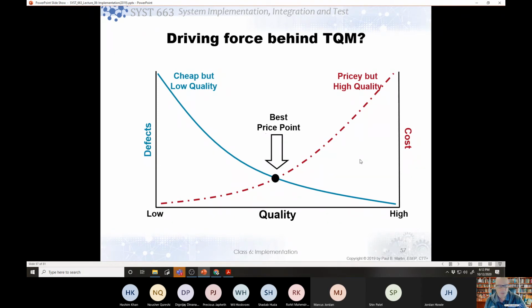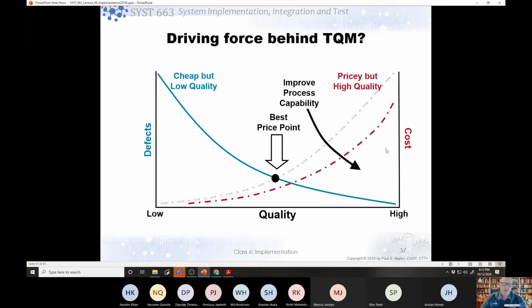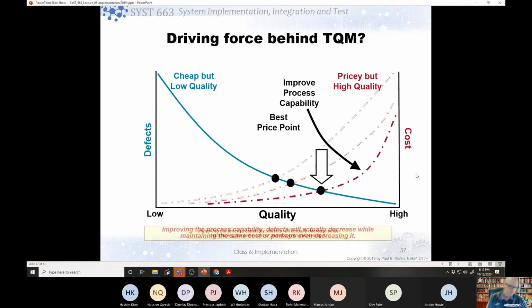Now, think about how I would get that price point or ask for even better pricing if I actually go in and improve the process. So I could get the quality even higher and even lower the price by doing that. So improving the process capability is the key to make that work. All right.